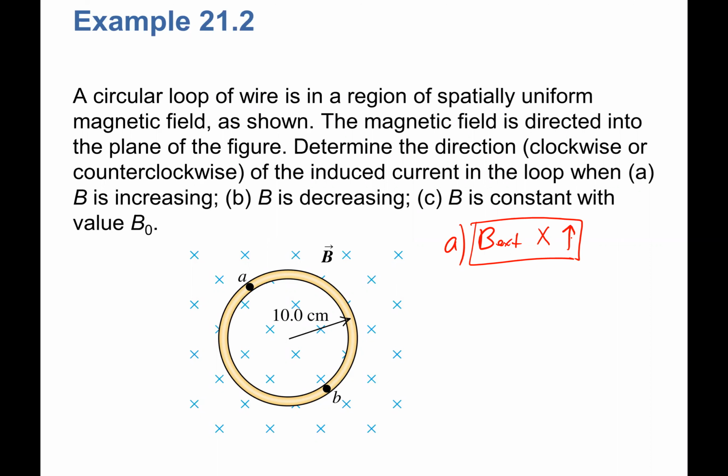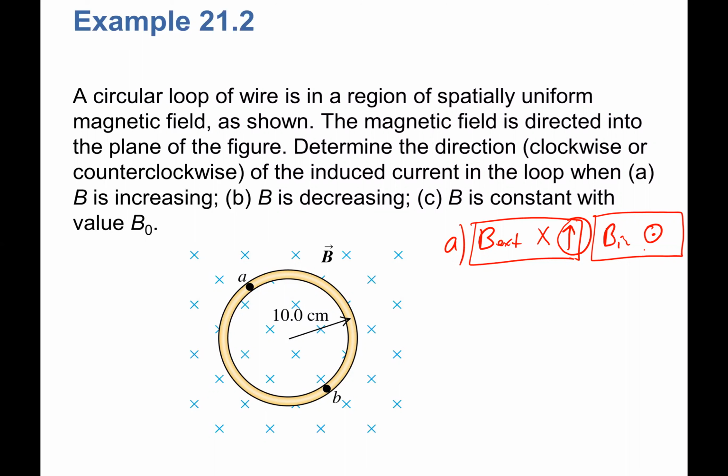That means the induced magnetic field has to be in the opposite direction, so it has to be out of the page. Because this is the key: if the external magnetic field is increasing, the induced magnetic field has to be in the opposite direction.